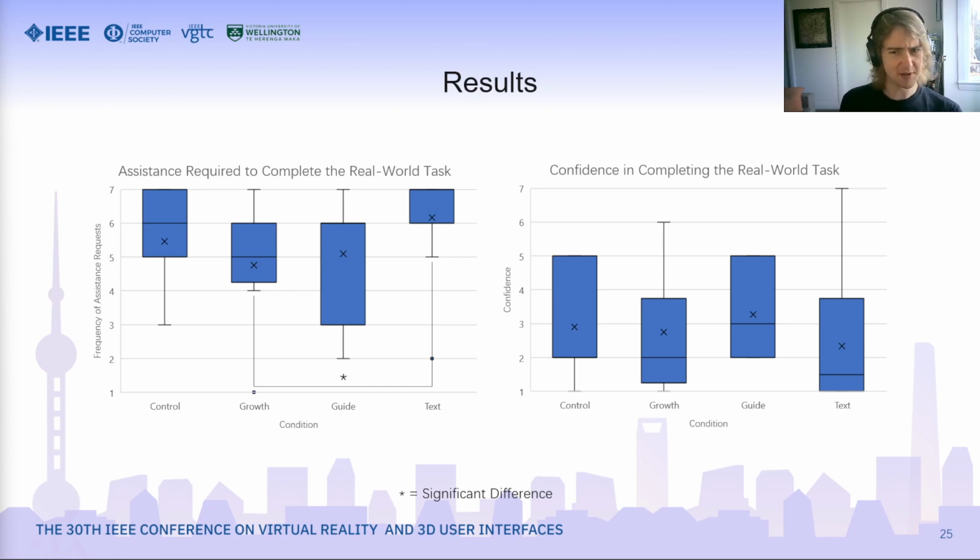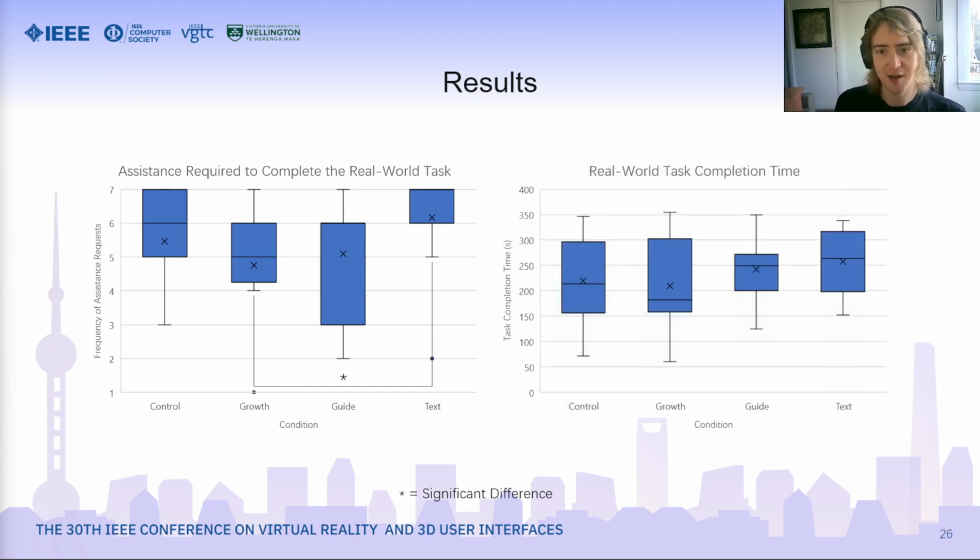We didn't find any significant difference between conditions, but that might just be because of the low participant counts. We're not quite sure. And we also didn't see any difference in how long it took participants to finish that real-world task. So even though they were asking for help more frequently, and might have had a harder time with it, it didn't really seem to affect how long it took them.